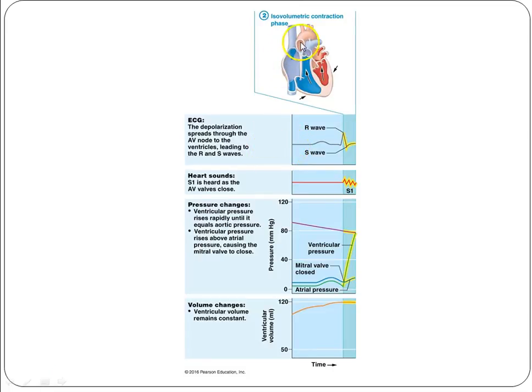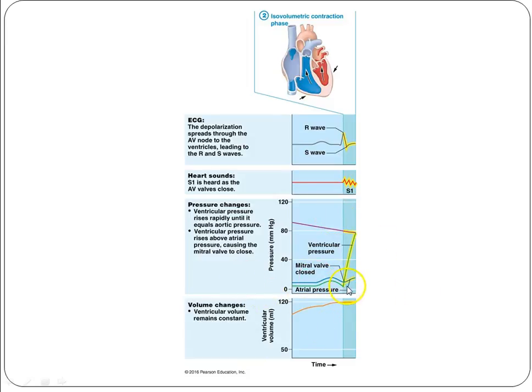And that depolarization has spread through the AV node to the ventricles and caused the ventricles to contract. The ventricular pressure, highlighted in yellow here, is really what we're watching, because this ventricular pressure is rising, and it's going to rise until it reaches the exact same pressure as the aorta. That's going to end our isovolumetric part of this process.